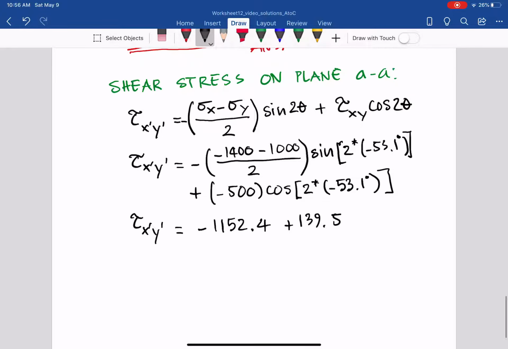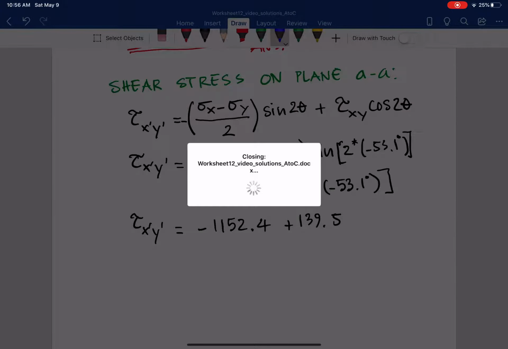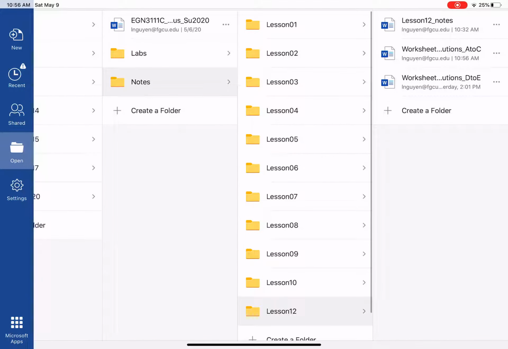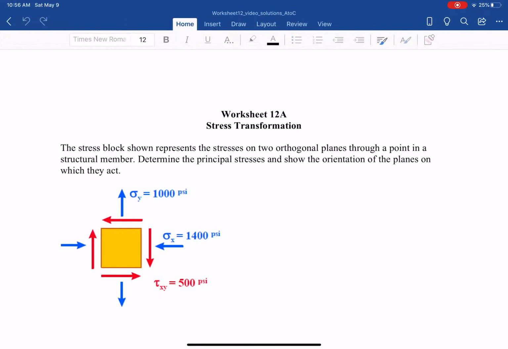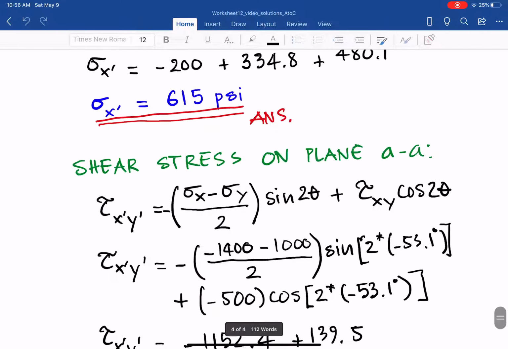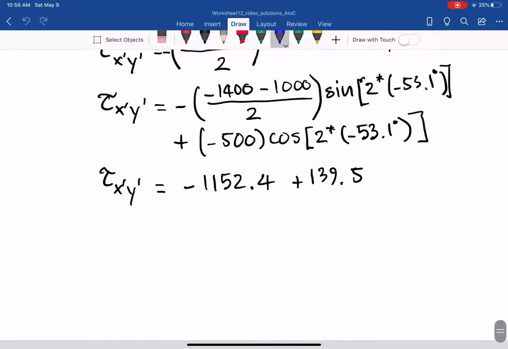And from that, as you can see, we have tau x apostrophe y apostrophe equal to negative 1012.9 psi.